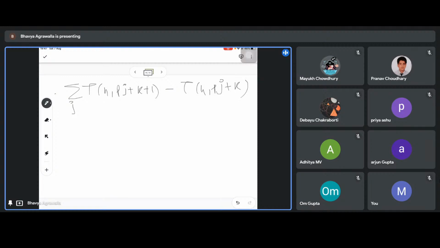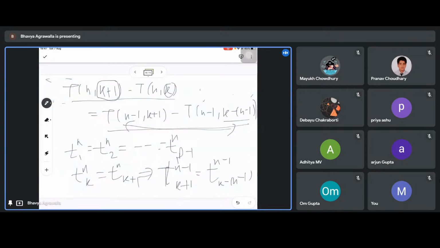Right, so from what we proved, this is basically the sum over j of capital T of n minus 1 comma pj plus k plus 1, minus capital T of n minus 1 comma pj plus k minus n minus 1, because of this k minus n minus 1 coming here, right?